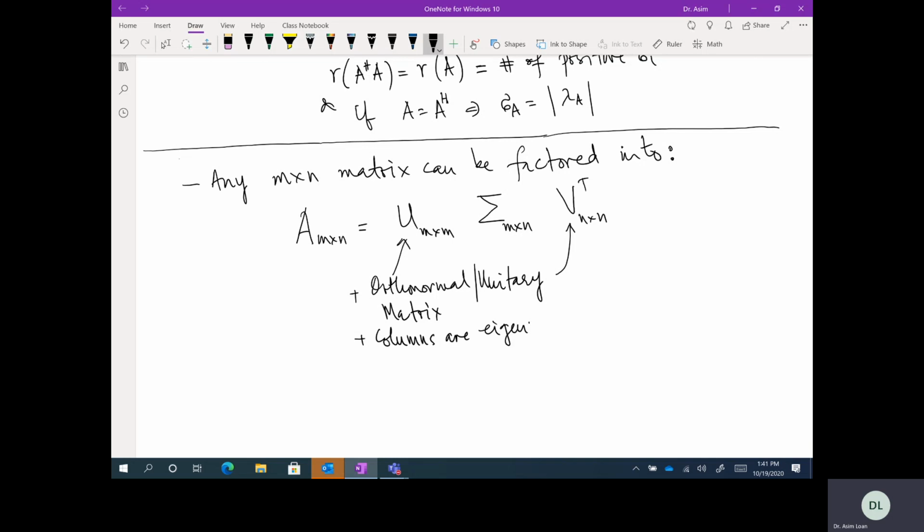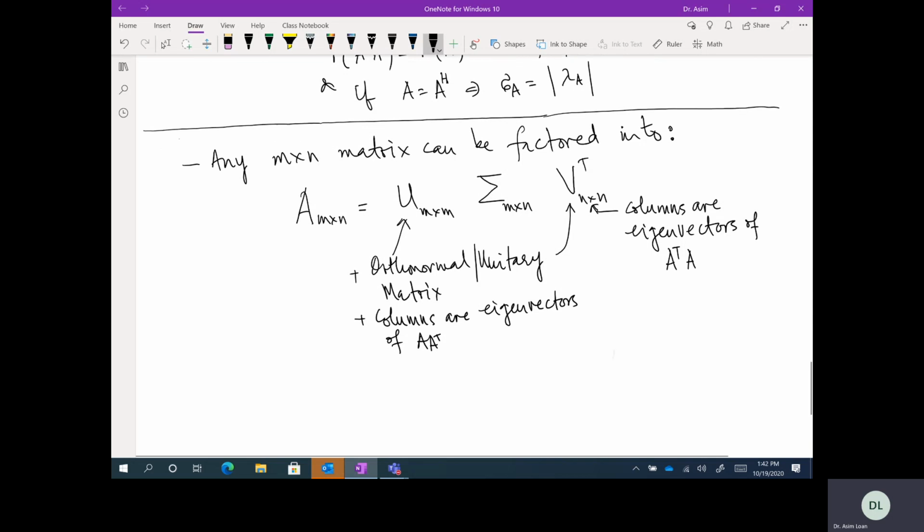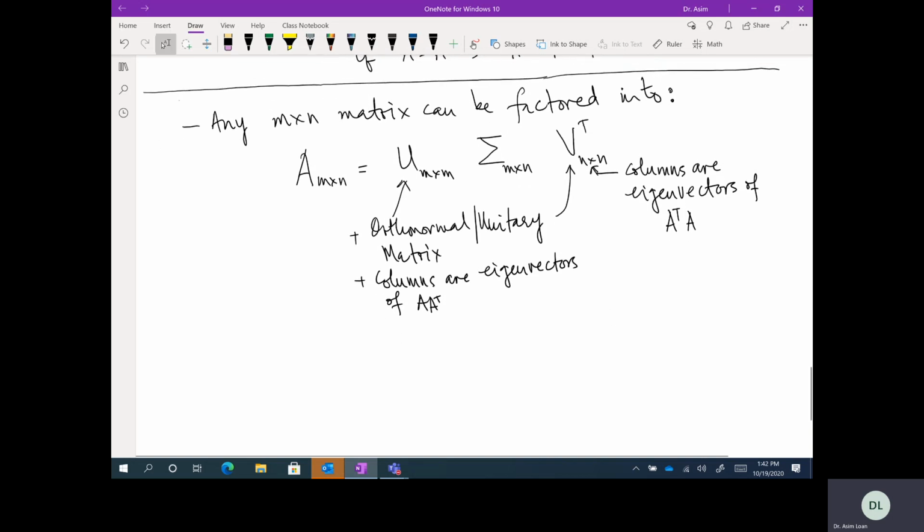Same here, orthonormal or unitary matrix, and the columns of U are eigenvectors of A A transpose. Here the columns of V are eigenvectors of A transpose A. This doesn't mean we have to find separately the eigenvectors of A transpose A and of A A transpose, because then this would be an enormous problem to solve, which we don't want to do.